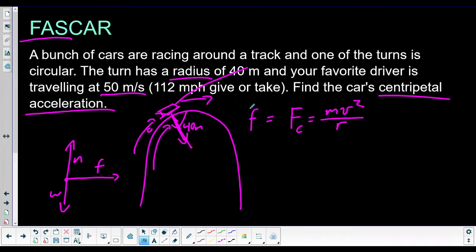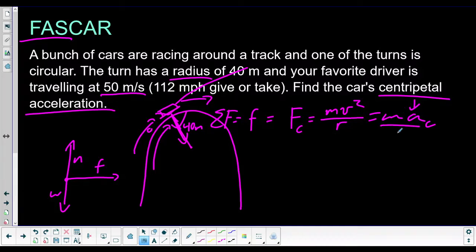Okay. So our friction, which is the centripetal force, because it is the force pulling us towards the center, is mv squared over r. This is also our net force, so it also equals ma. If we want our centripetal acceleration, a_c, how do we get an acceleration from a force?